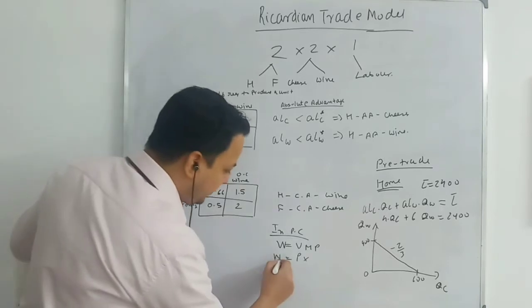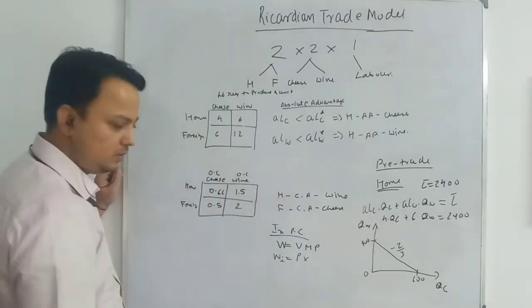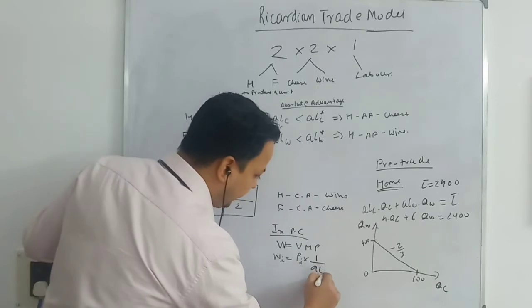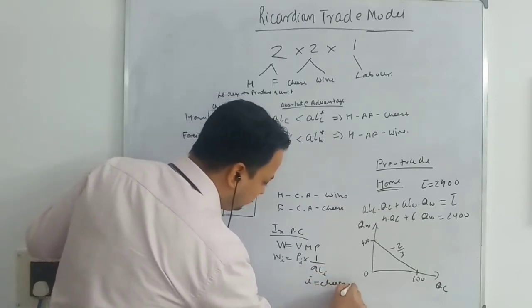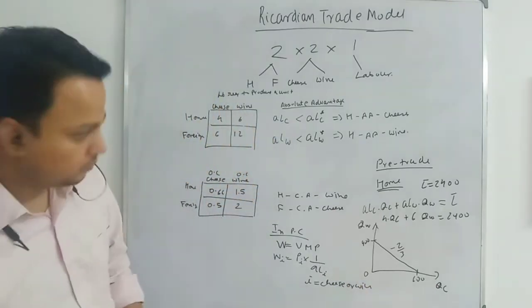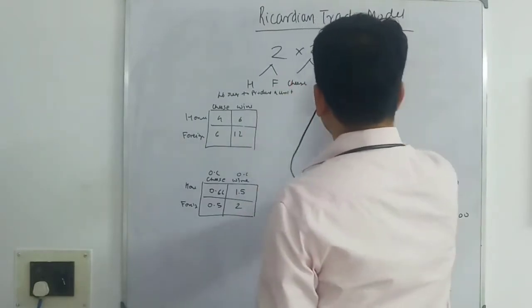So wage in the i sector, i can be cheese or wine, is equal to price in that sector times 1 over aLi. Either this part or this part.